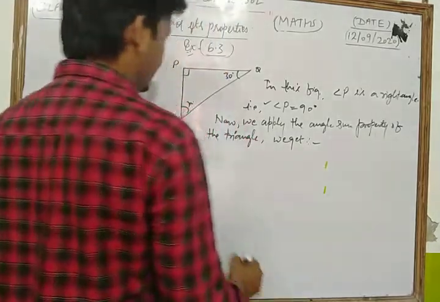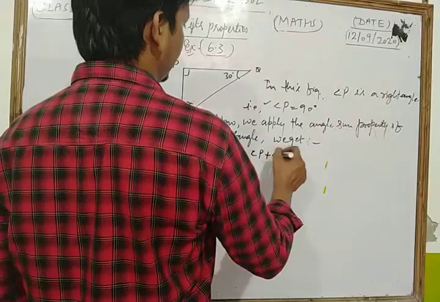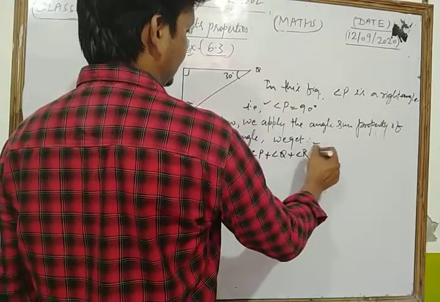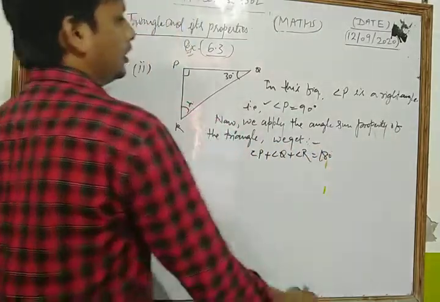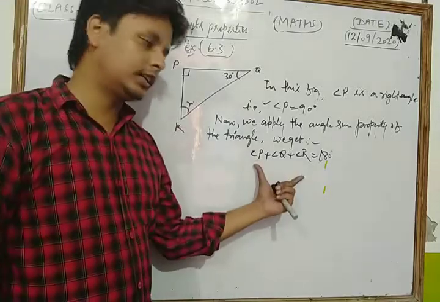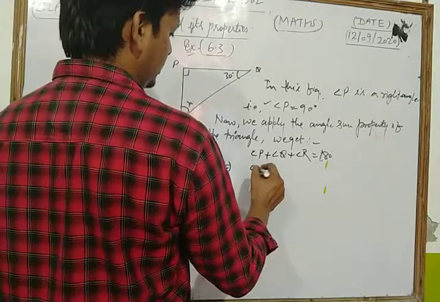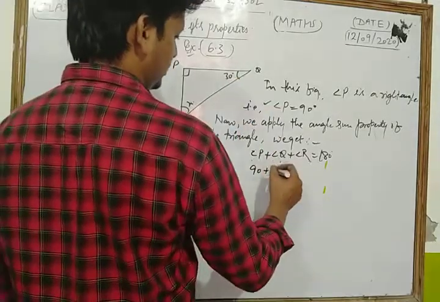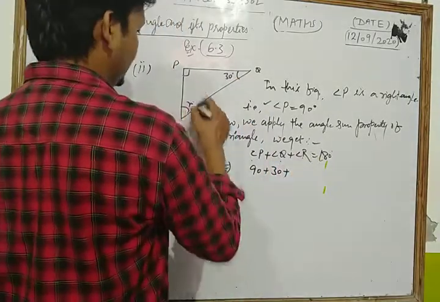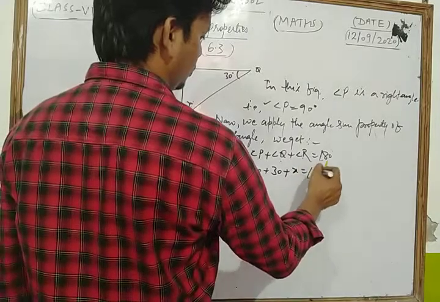So we get angle P plus angle Q plus angle R is equal to 180 degrees. Now we put angle P as 90, plus angle Q as 30, plus angle R as x, is equal to 180.